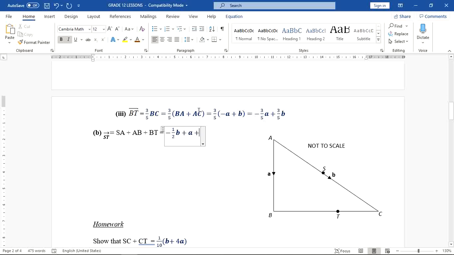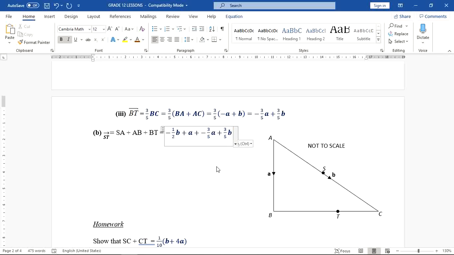We know that BT is this one here. This was BT, this is where we stopped, and then this is just an expansion of it. Removing the brackets, I'm going to bring it here, and that's the whole expression.